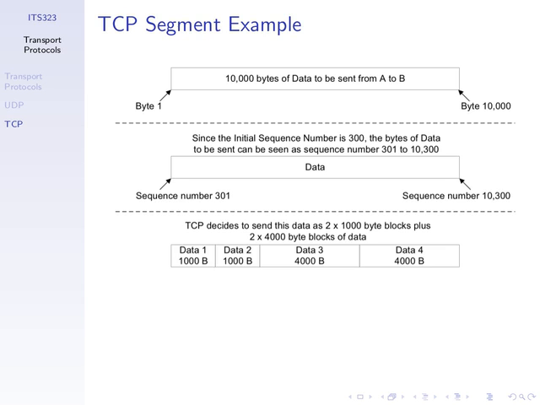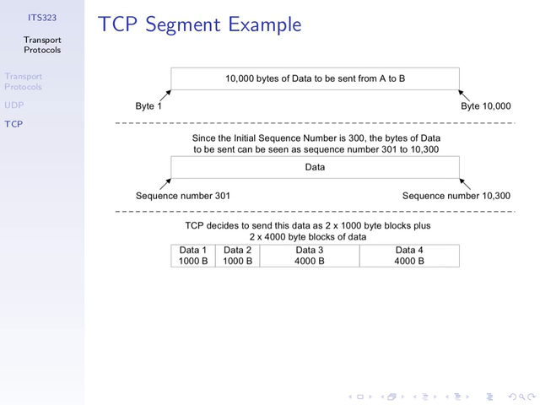Let's go through an example to see how we treat sequence numbers when we deliver that data. 10,000 bytes from TCP's perspective. We could number those bytes, the first byte up to the last byte, byte number 10,000. Since the initial sequence number was 300, remember with connection establishment, A tells B the initial sequence number of 300, B sends back an ACK saying I expect 301.